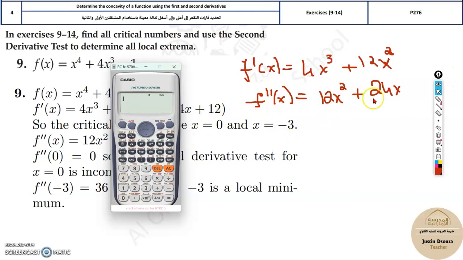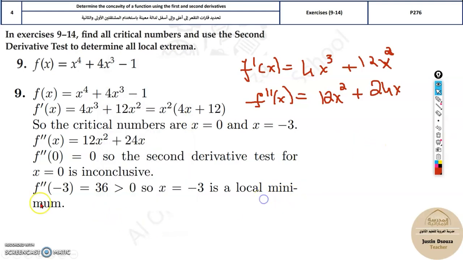I will put minus 3 over here, so 12 into minus 3 the whole square plus 24 into minus 3, that is equal to the positive value 36. So whenever you have a positive value, you will have a local minimum. You can see f double derivative at minus 3 is greater than 0, so it is a local minimum.